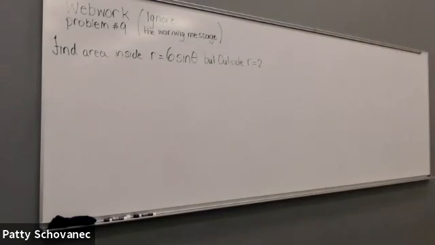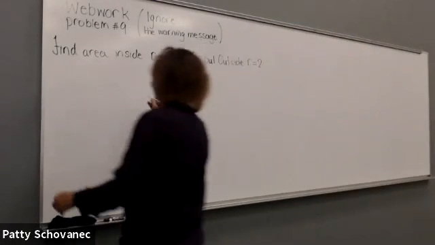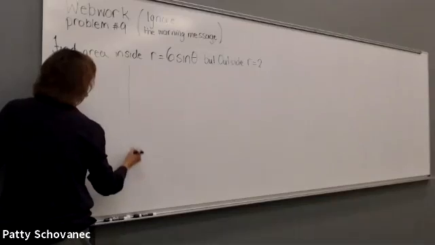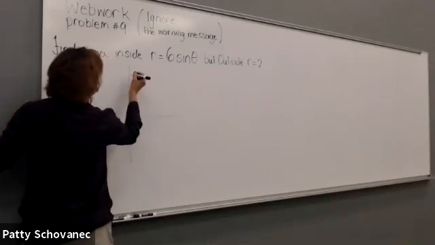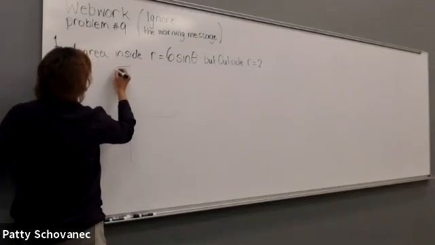Okay, so where is the circle? r is equal to 6 sine theta. Tangent to the x-axis, of a diameter 3. I'm sorry, diameter 6, radius 3.